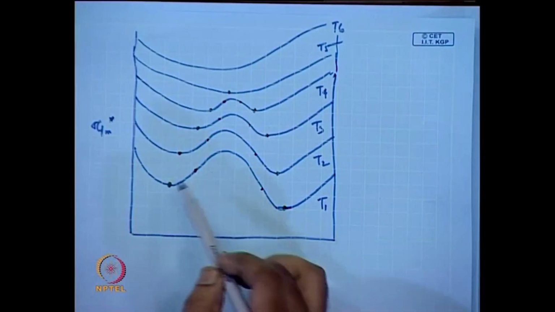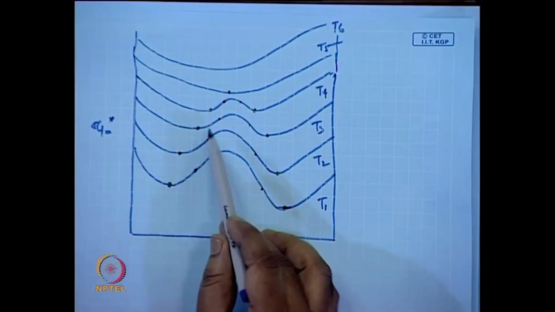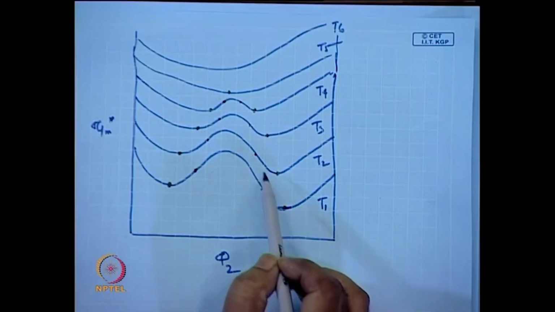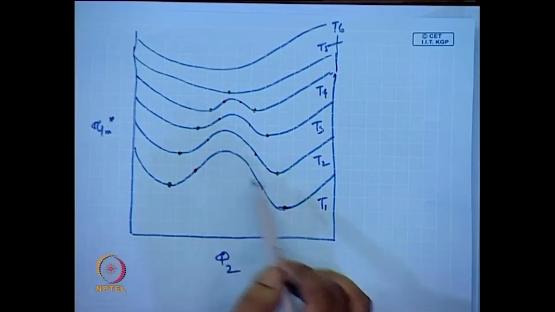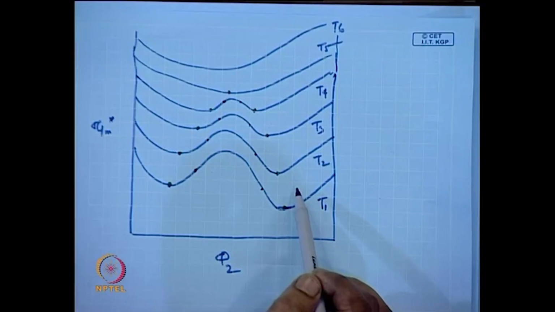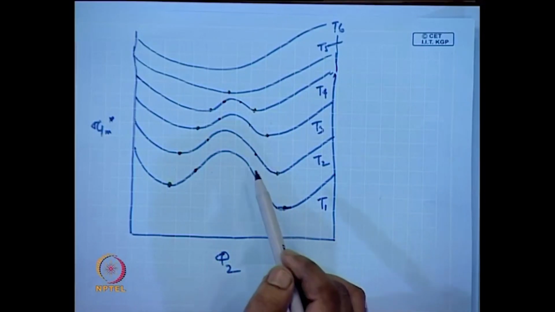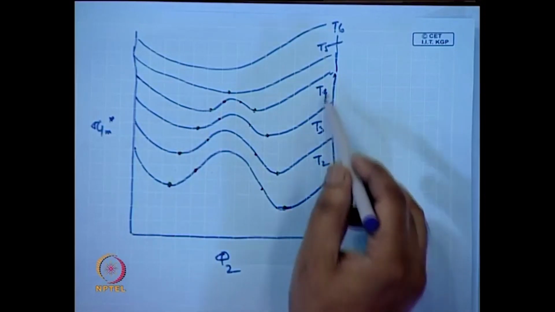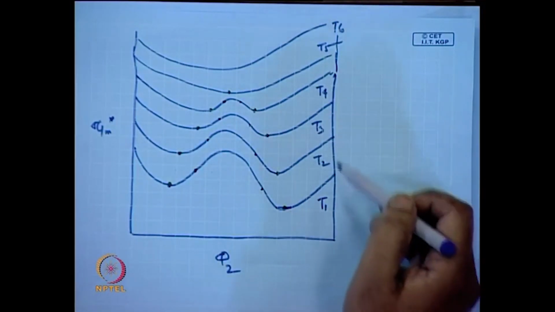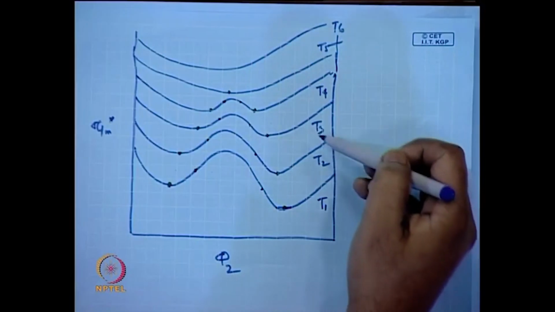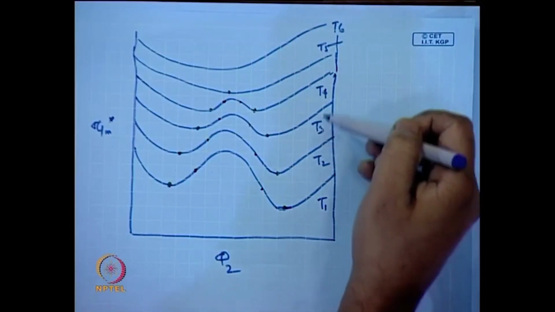You can see that both the binodal points as well as the spinodal points are temperature dependent. If you change the temperature of your polymer solvent mixture, they will change. So, these are the possible different temperatures, where T6 is the highest and T2 is greater than T1 and so on.